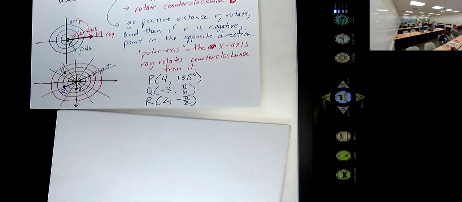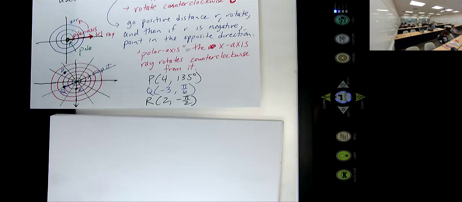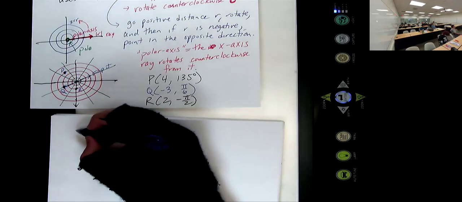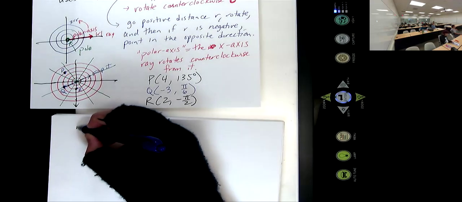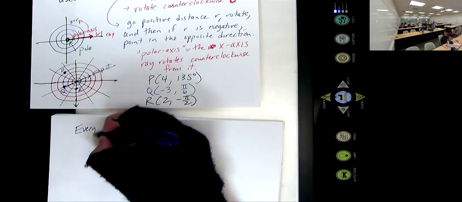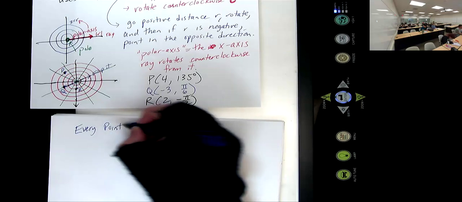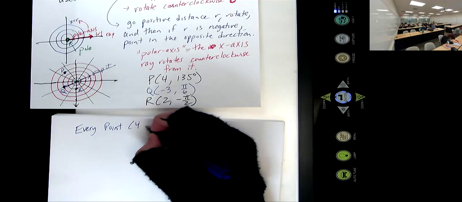Interestingly enough, this part I actually might put on your test, because this isn't the hard stuff. Every point can be written 3 ways, or 4 ways. Well, an infinite number of ways, but we're going to go with 4 ways.